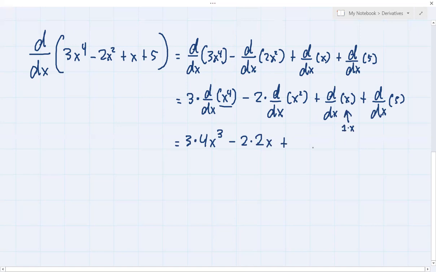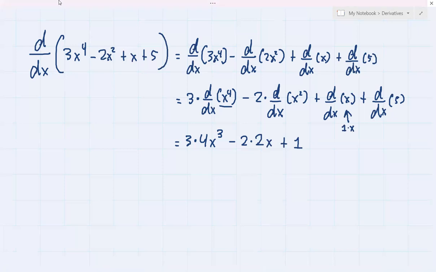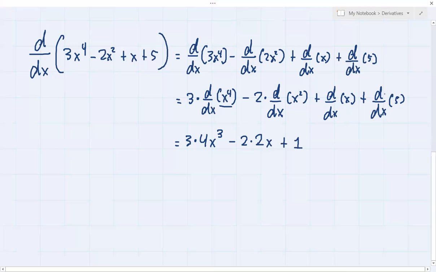Therefore, ang derivative ng 1x ay 1. Okay? Or derivative ng x ay 1. Lastly, is derivative ng 5. Remember, yung first basic rule of differentiation natin is that kapag kukunin natin yung derivative ng constant term, anong sagot? 0, di ba? So, magiging plus 0.